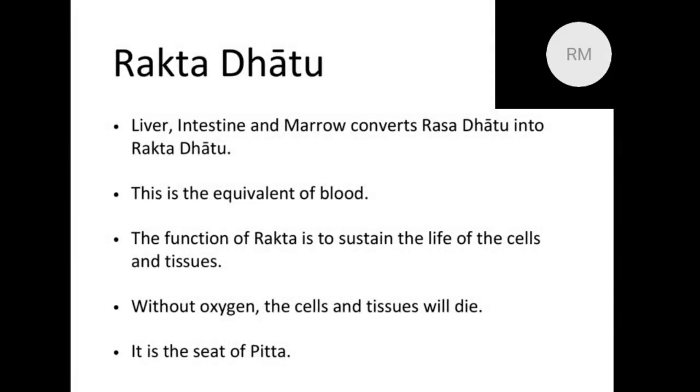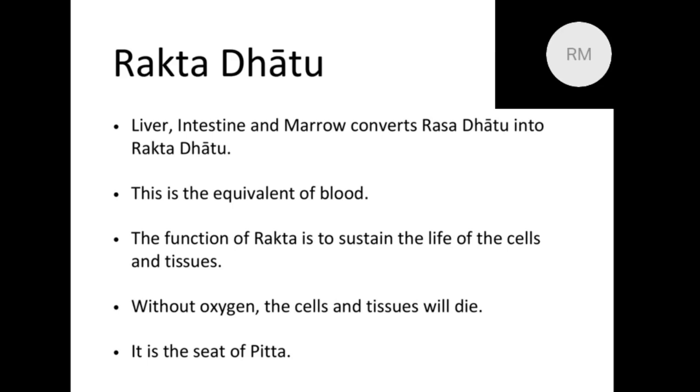Next we come to Rakta Dhātu. So liver, intestine and marrow converts Rasa Dhātu into Rakta Dhātu. So the Rakta Dhātu can be considered as the equivalent of what we understand today as blood.